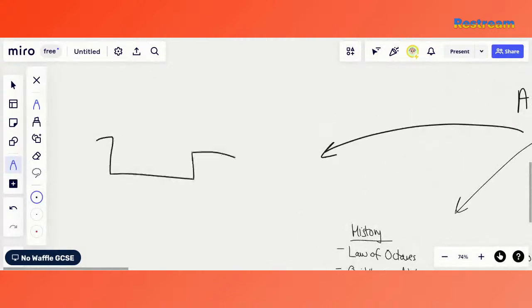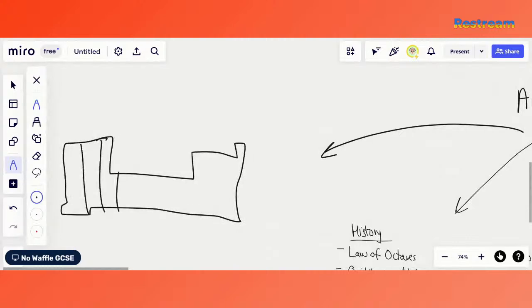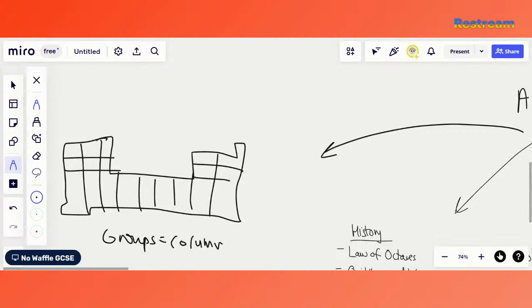So we have different groups. So groups form the columns, and each group has similar properties. And then the rows are what we call periods, hence the name.